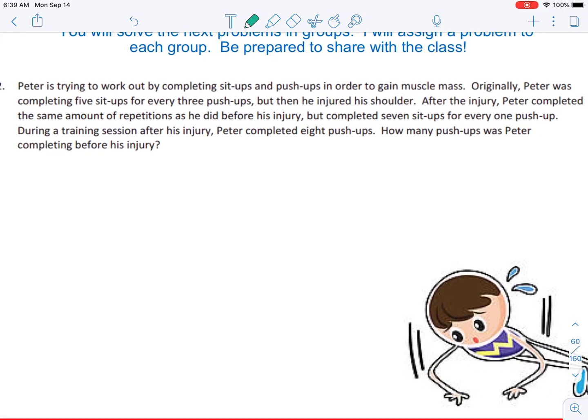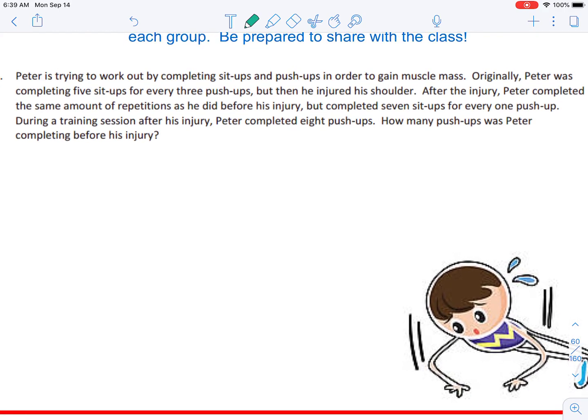Number 2 tells us Peter is trying to work out by completing sit-ups and push-ups in order to gain muscle mass. Originally, Peter was completing 5 sit-ups for every 3 push-ups, but then he injured his shoulder.